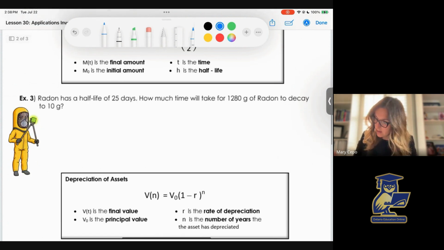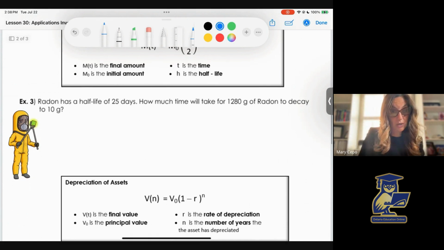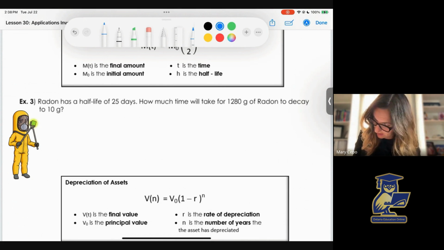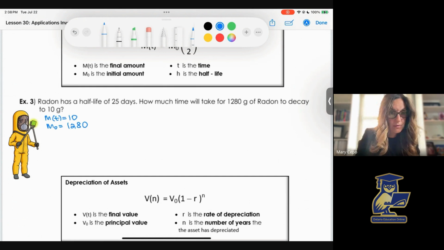Okay, so again, we want to know that final amount. So we're going to say M at t is equal to 10. My initial amount we know is 1,280.